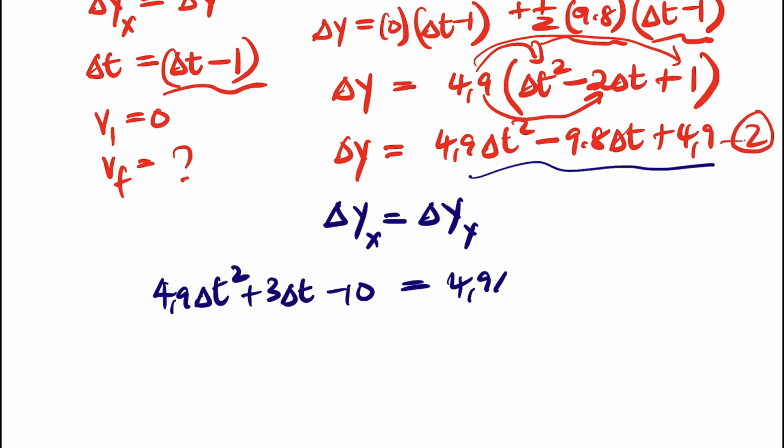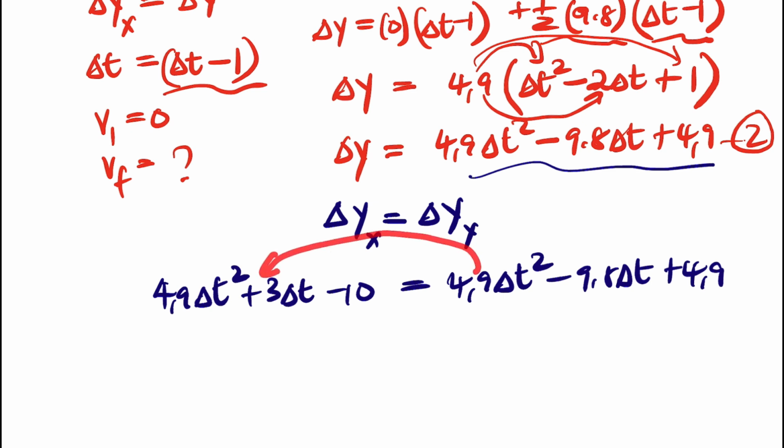It's 4.9 change in t squared minus 9.8 change in t plus 4.9, right? Guys, if you can see here, if I take this to this side, it's positive and it's positive. So if I take it, it will be negative and they will cancel each other. So we just cancel them. And then I group the like terms.